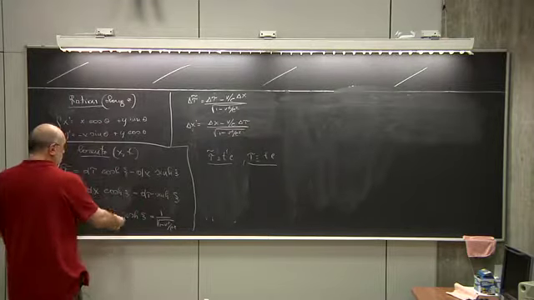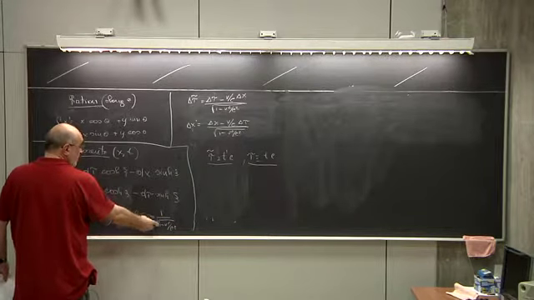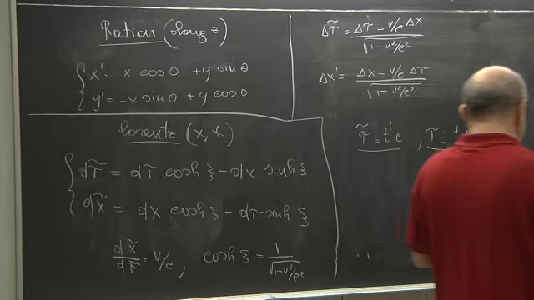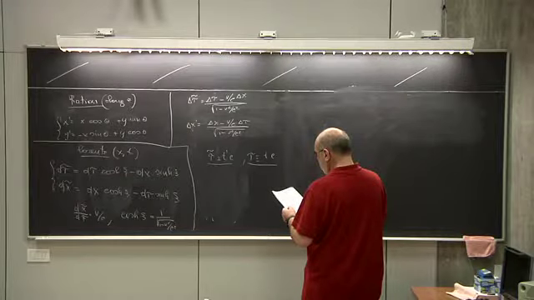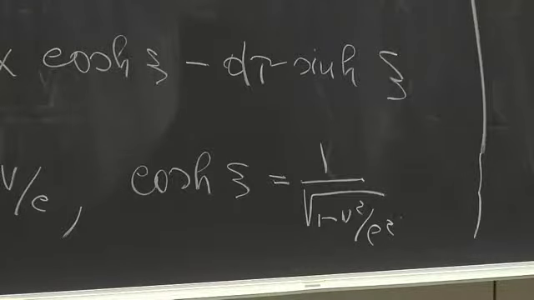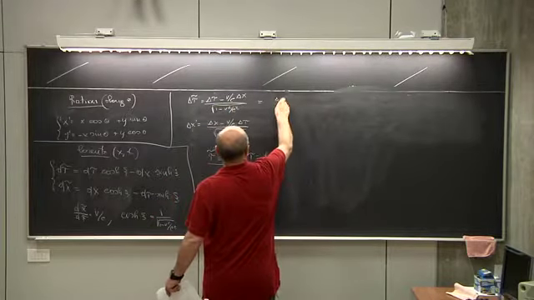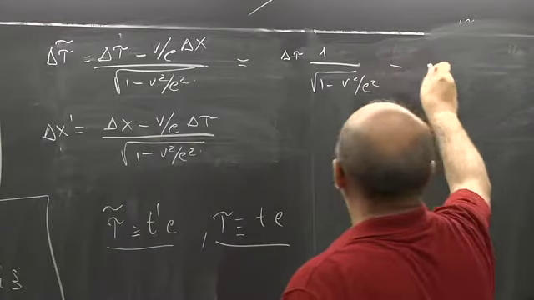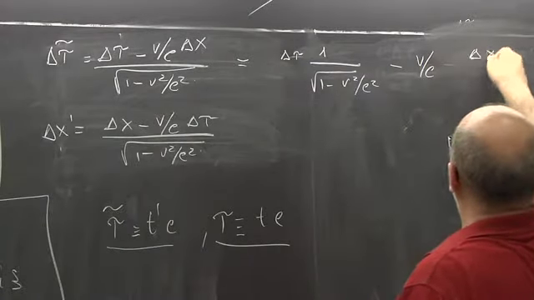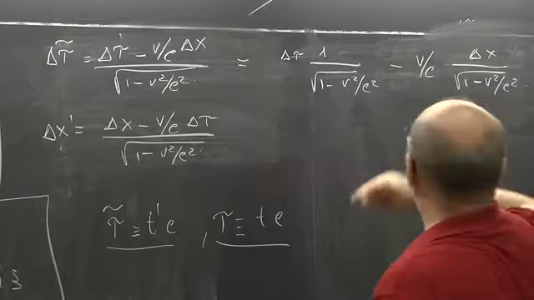Let's first look at the definition. This strange psi is defined in such a manner that cosine hyperbolic of psi is this quantity. So you see, this one I can write as delta tau times 1 over square root of 1 minus v square over c square, minus v over c delta x over square root of 1 minus v square over c square, the first relation.